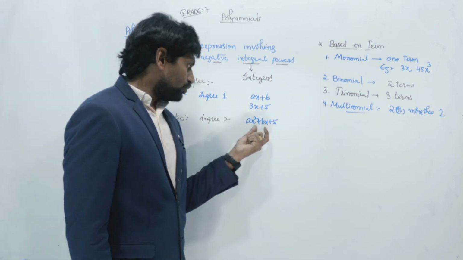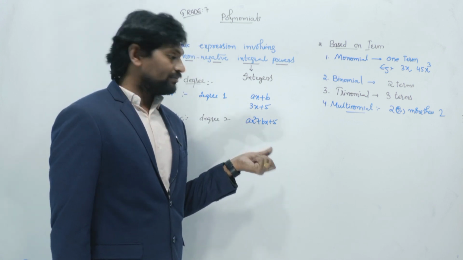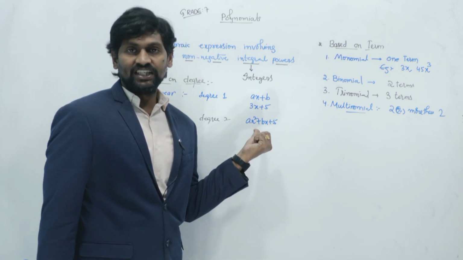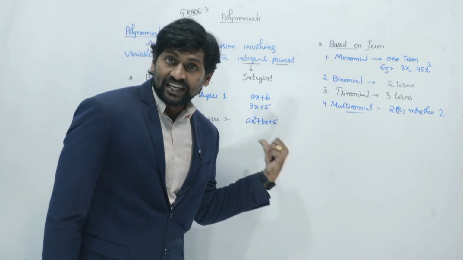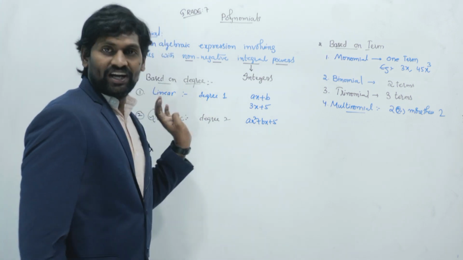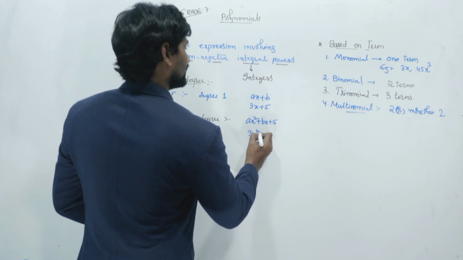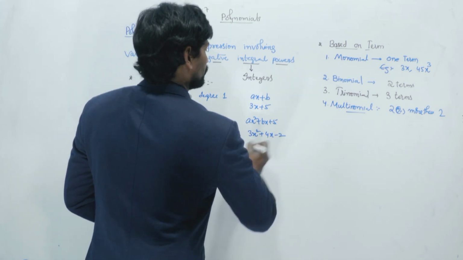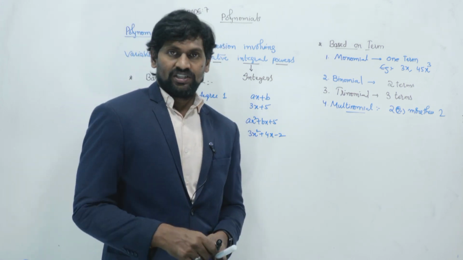While you are observing, the highest degree term is 2, so we can consider the degree of this entire polynomial is 2. For example, 3x square plus 4x minus 2 is an example of quadratic polynomial.